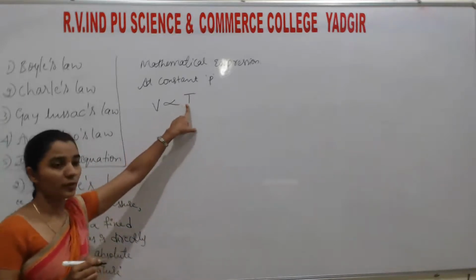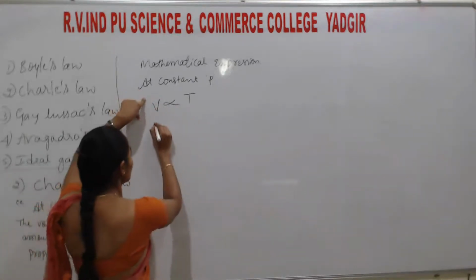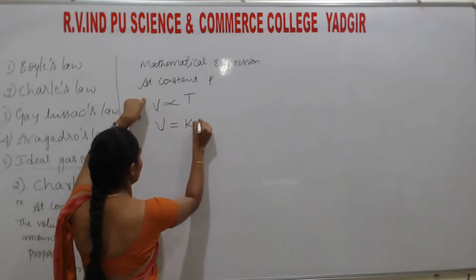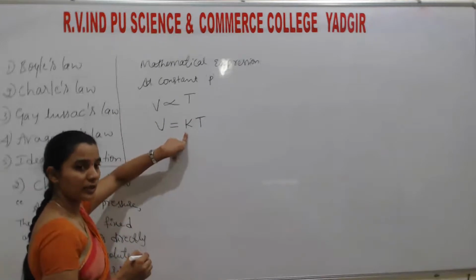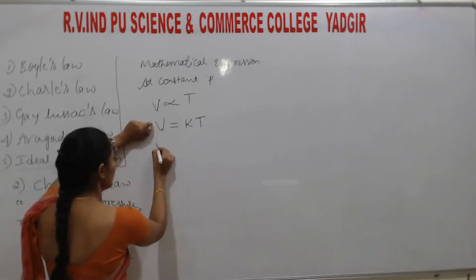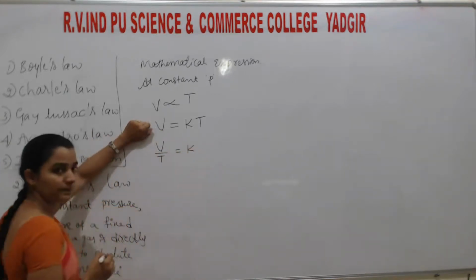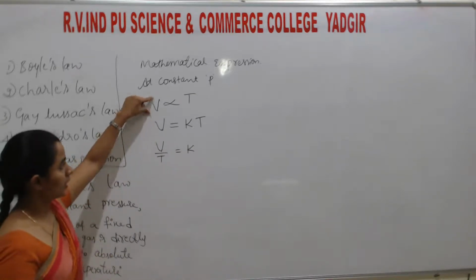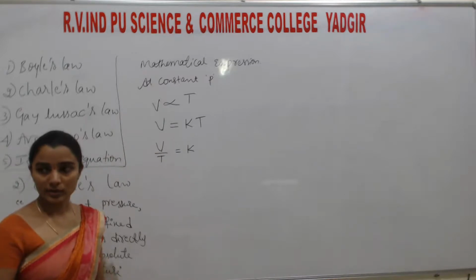V is directly proportional to T. Next, to remove this proportionality, we have to take V is equal to K into T. K is the proportionality constant of the Charles law. Next, this will become V by T is equal to K. You may write this and this. All represent Charles' law.